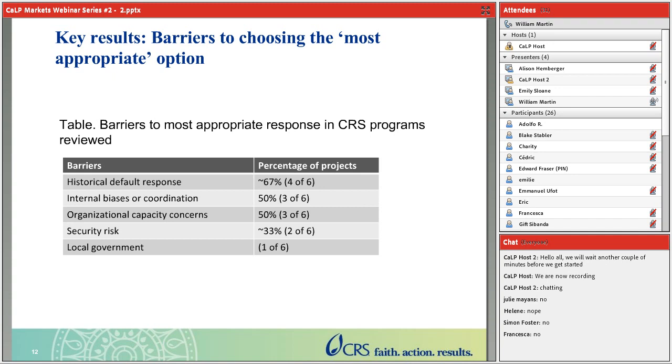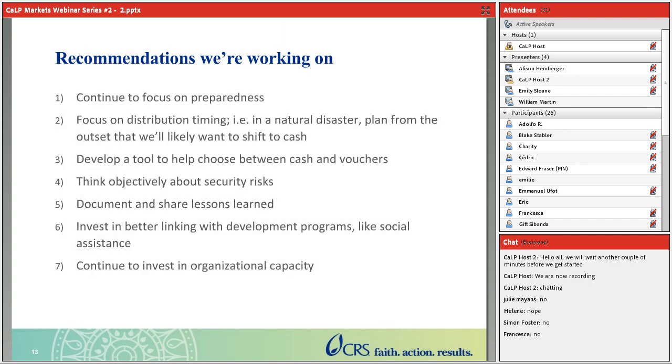And the least influential reasons were security and the local government. It was interesting because security was mentioned a lot by the respondents as something to consider, but when you come to the barriers, it is the least influential reason for picking a modality.